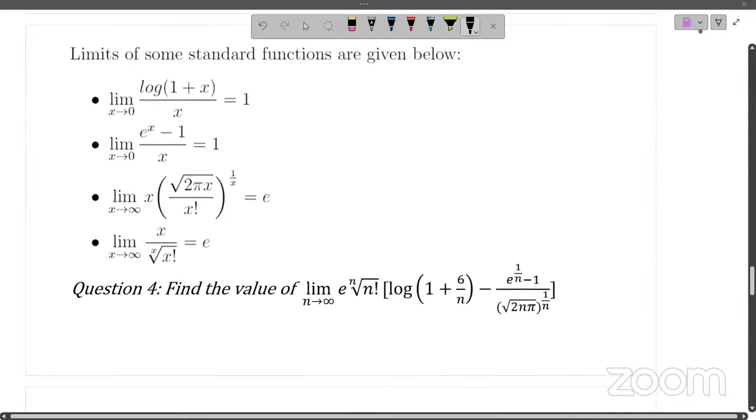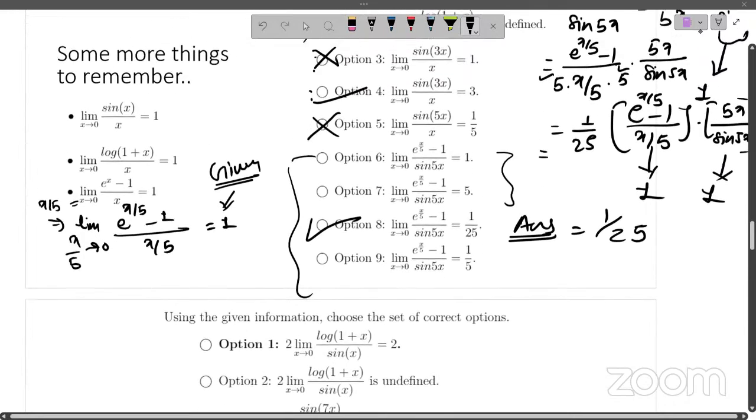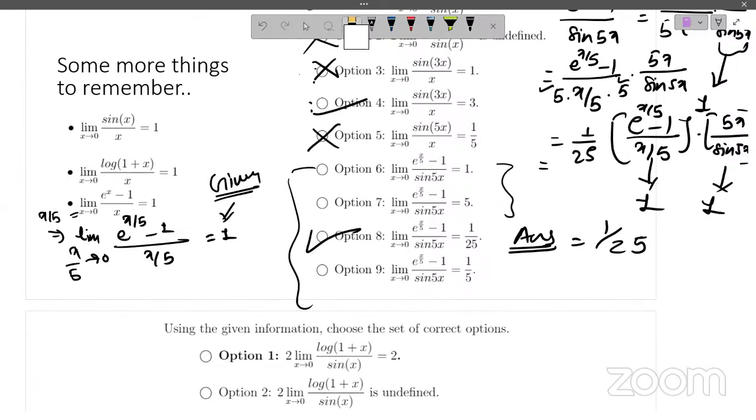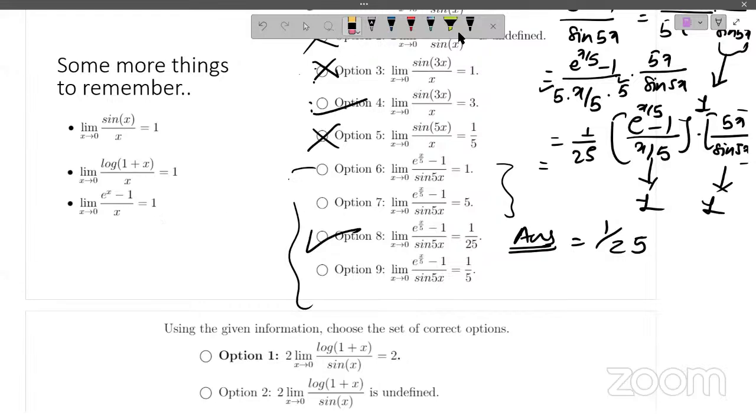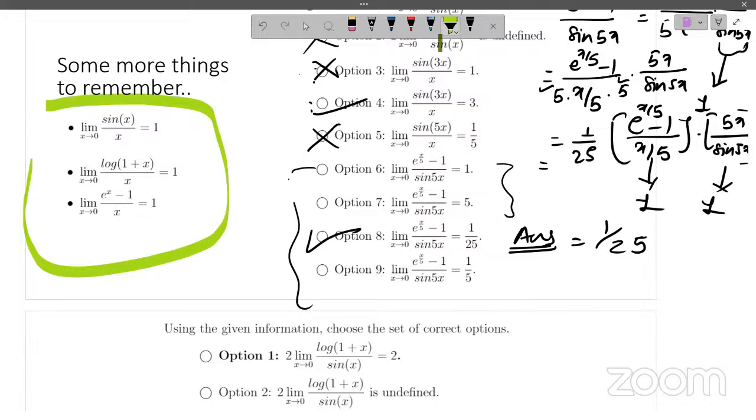Okay. So limits of some standard functions are given, and I advise you to note down these limits. These limits are not that trivial to prove, to show that they exist and are equal to 1. So for this course, you should remember that the limit as x tends to 0 of sine x by x is equal to 1.